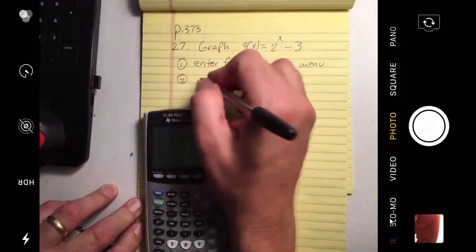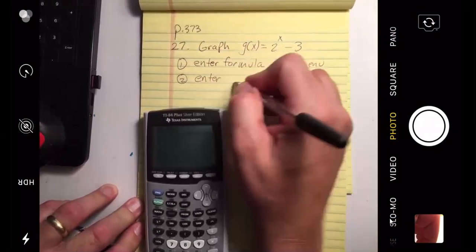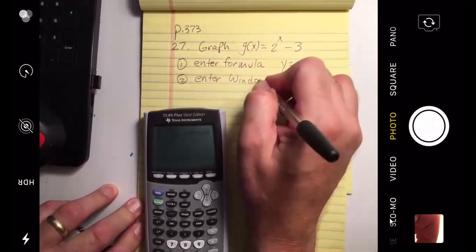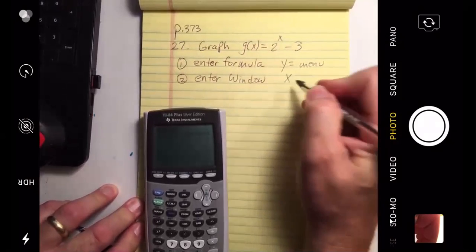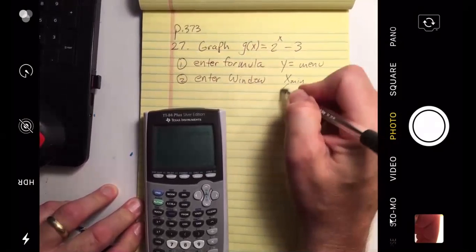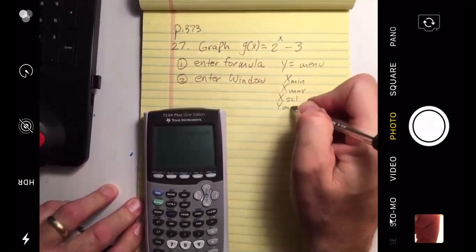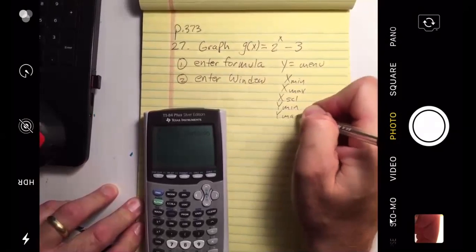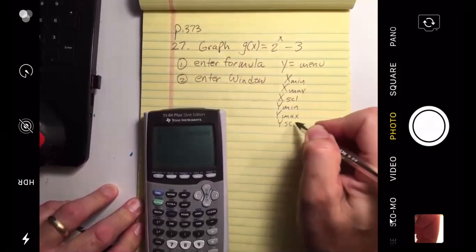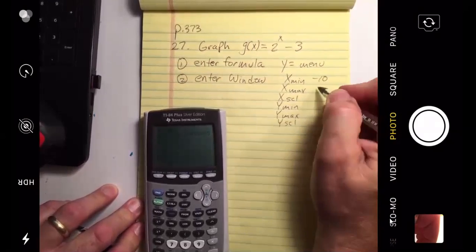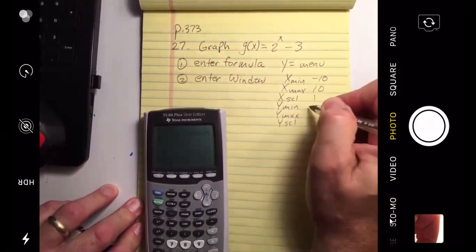Number 2, enter a window. The window screen reads x min, x max, x scale, y min, y max, y scale. For non-word problems, we usually start with a standard window like this.